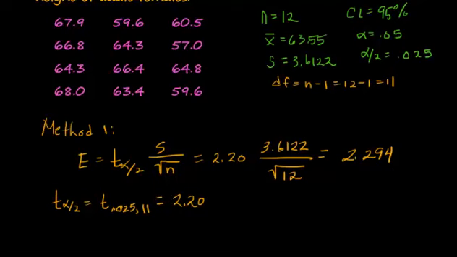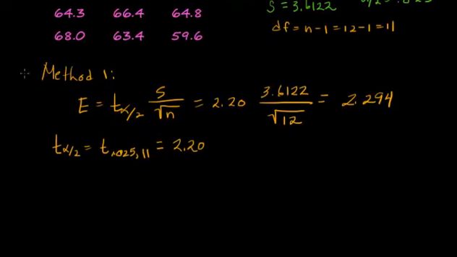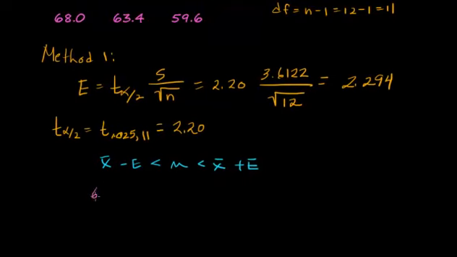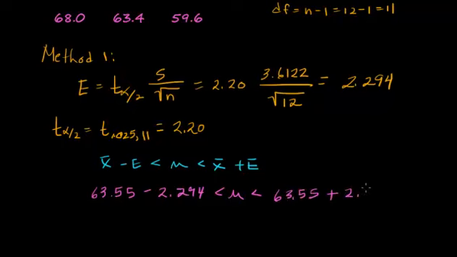Okay, so now that we have E, we can construct our confidence interval estimate, x bar minus E, x bar plus E. Okay, and x bar was, what, 63.55 minus 2.294 and 63.55 plus 2.294.